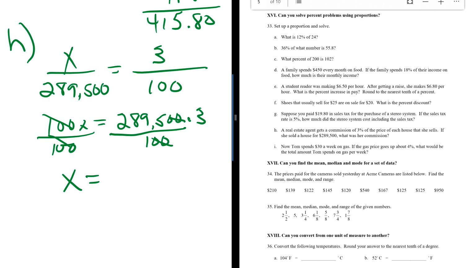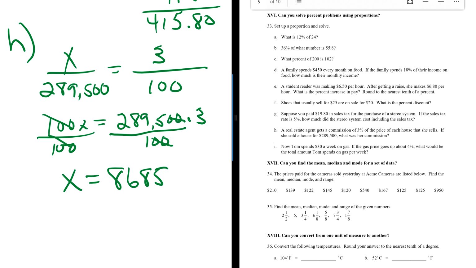Okay, so then I've got left this 2895 times 3 over 1. So I'm going to plug those numbers in. 2895 times 3 gives me $8,685.